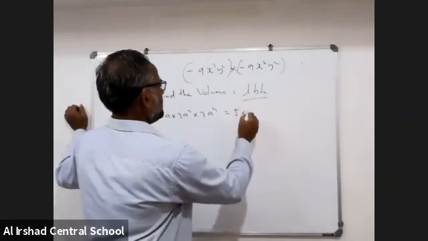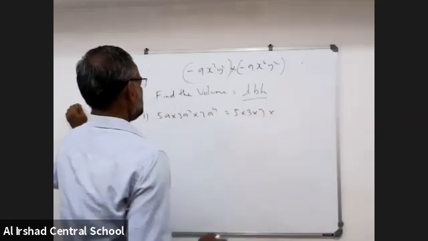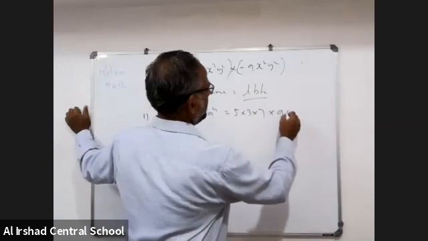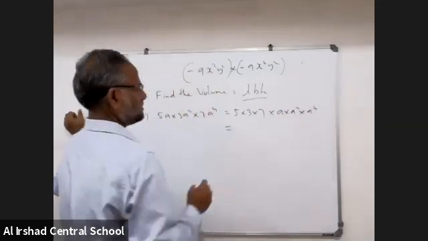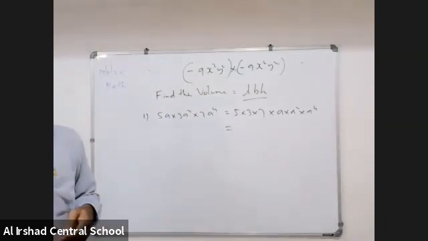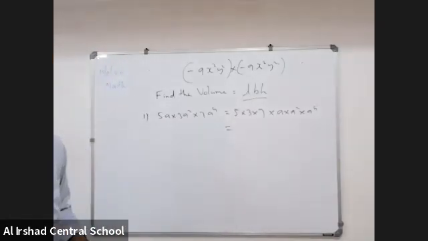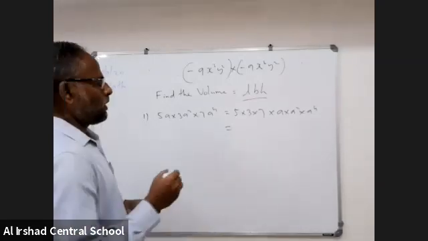5 into 3 into 7 into a into a square into a raised to 4. 5 3s are 15. 105. Yes. Into a raised to 15 into 7, 70, 105.